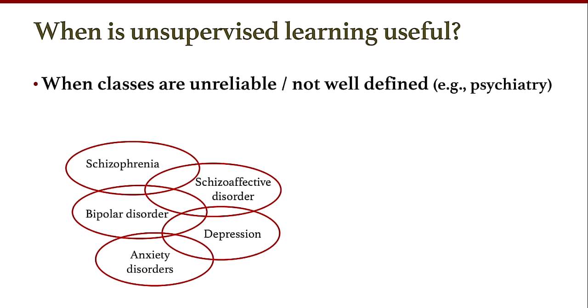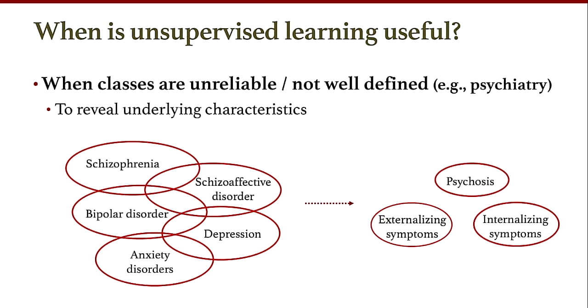And so in this field, unsupervised learning may enable you to find some underlying characteristics in your data, and maybe find some new categories or new dimensions which could cross the boundaries in psychiatric disorders that we have today, and that could be more relevant to characterize these different disorders.